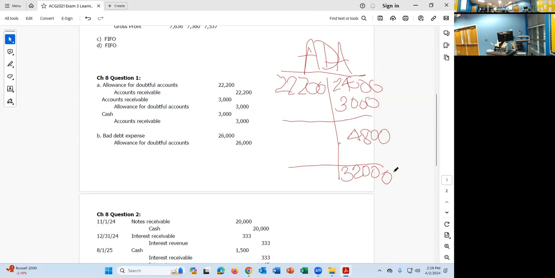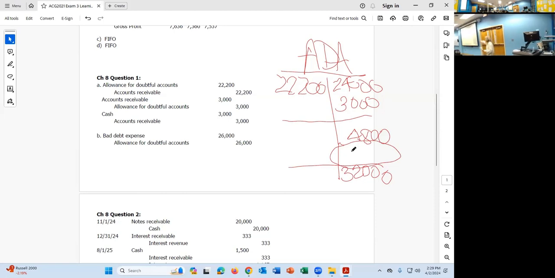Okay, your journal entry for bad debt expense is always going to be whatever needs to be added to the allowance for doubtful accounts to get it to 32,000. So if we've got 4,800, which now I'm going to check my math on here and make sure we're good.